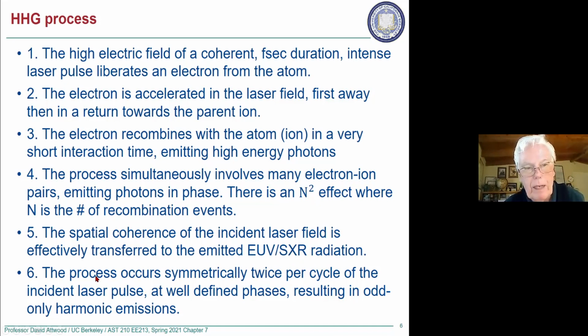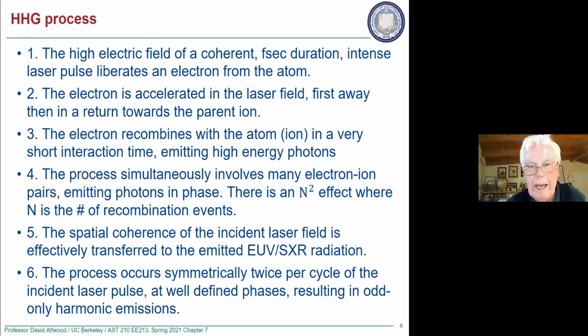And the process occurs symmetrically twice per cycle, because the laser pulse has a peak twice per cycle, one going up and one going the other way. So it could pull an electron off in one direction, and a half cycle later, maybe from a different atom, pull off an electron in the other direction.